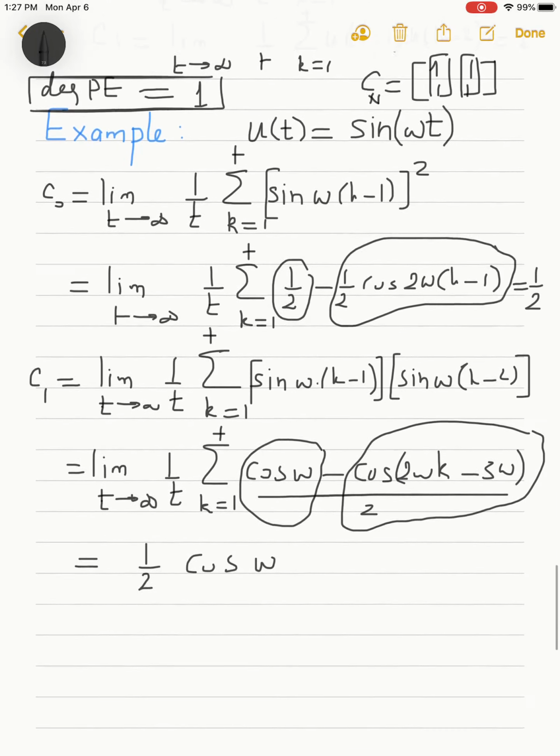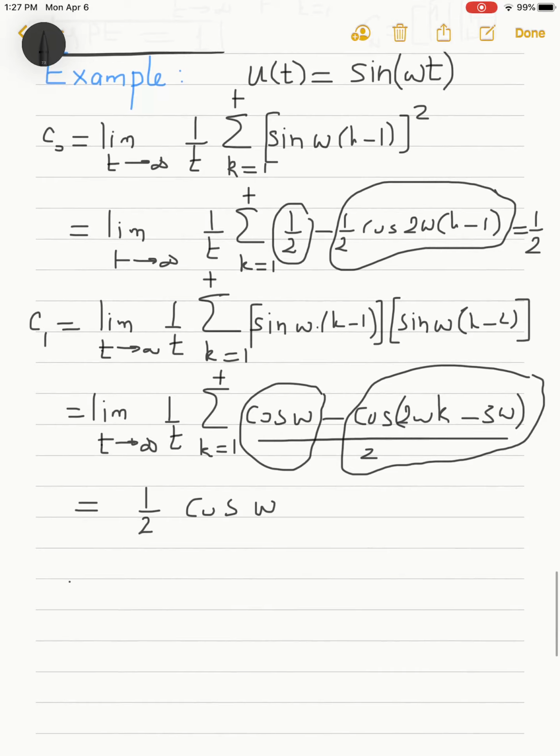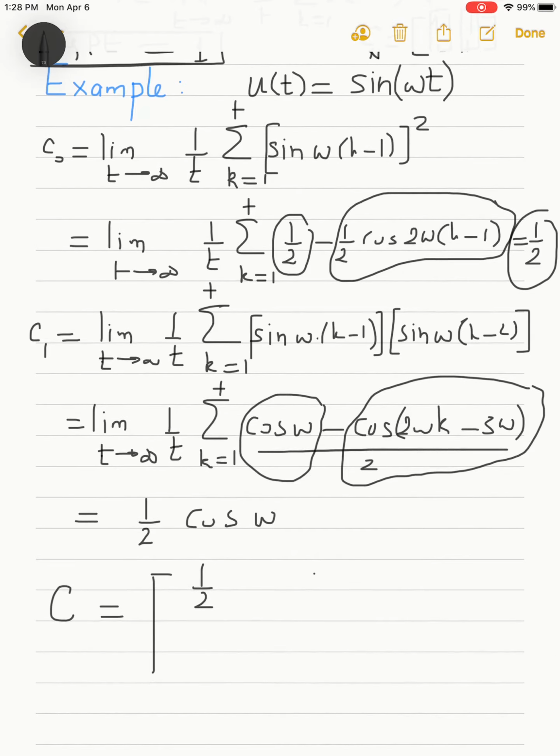And now if I write the empirical covariance matrix C, it would consist of 1/2, which comes from C0 here, and 1/2 cosine omega here, 1/2 cosine omega here, and 1/2 here. We call that C2.